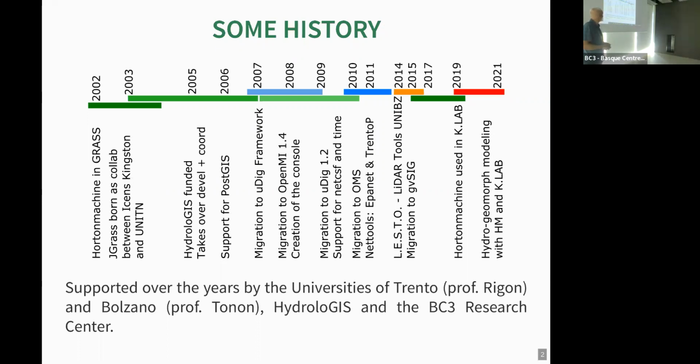The fun thing is that at the beginning, it was a library written in C. And when I started, we began to bring this to Java, which at that time was an upcoming and promising language. So when we started it, it was called JGrass. And funnily enough, the first collaboration to do this JGrass was with people from Jamaica.